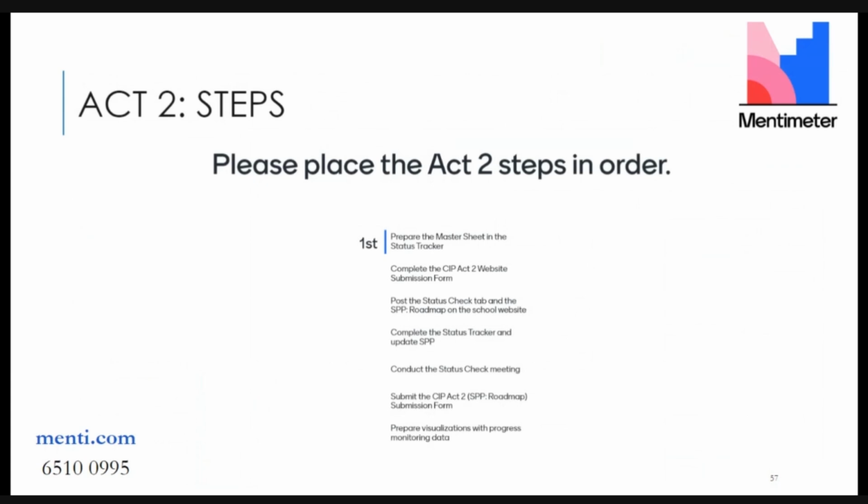And since you do have them open, this is an open book test, and you can feel free to use those Act 2 directions to assist you in this task. We've kind of gotten you started by providing you with the correct first step of preparing the master sheet in the status tracker. So go ahead and put those steps in order, and we'll see how these responses come in.